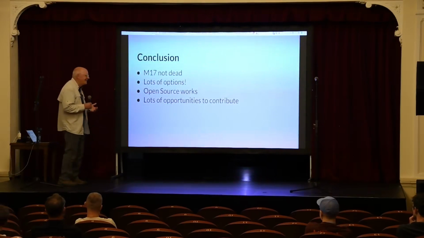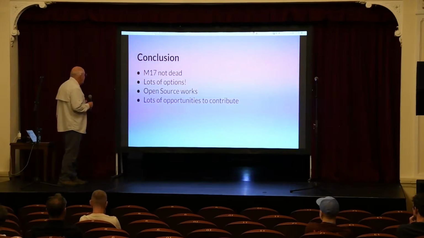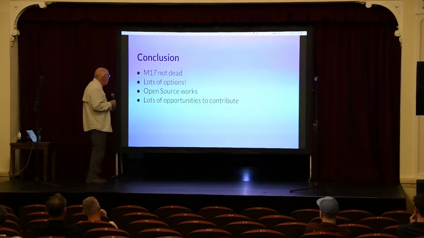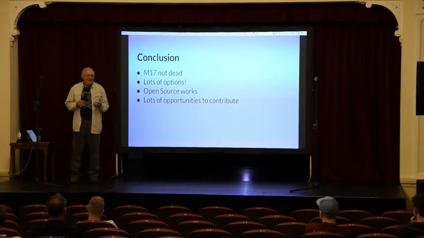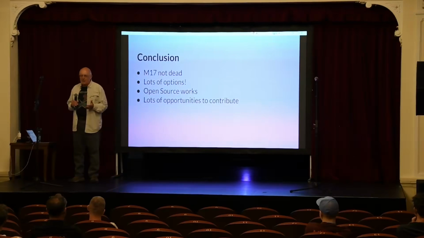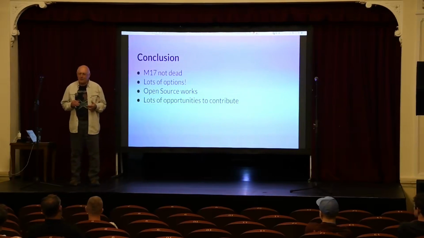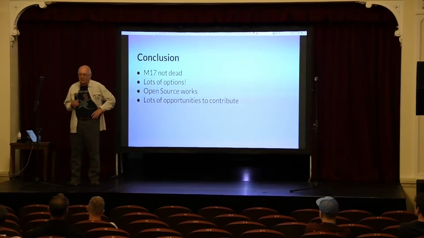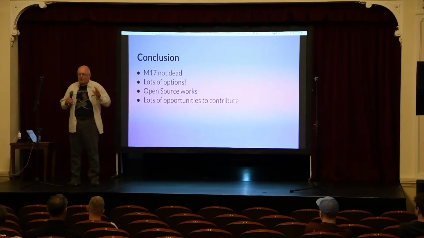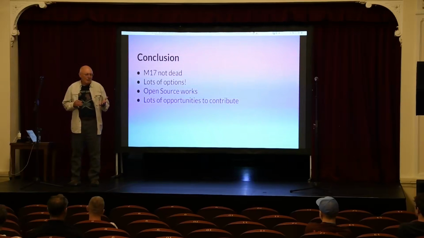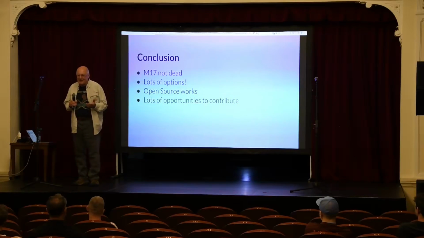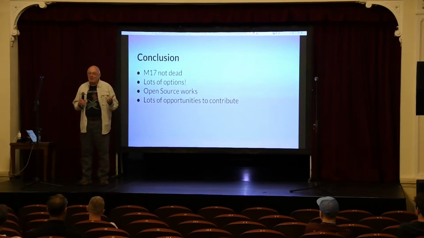So that's the other point: open source works, and I think that's important. I saw people on the internet saying, right after the announcement that M17 was being removed, well, this is terrible that with open source, people can just remove stuff. And it's like, well, if it were commercial software, what would happen if they decided to remove it?